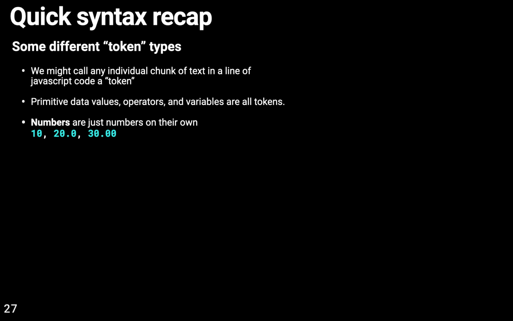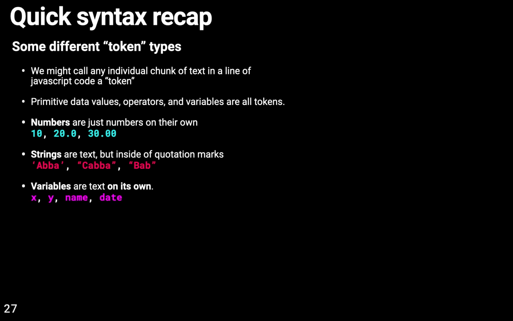So just the digits 10, 20, 30, etc. Strings are text, but denoted by the quotation marks specifically, as contrasted to variables, which are text on its own. X, Y, name, date, etc.